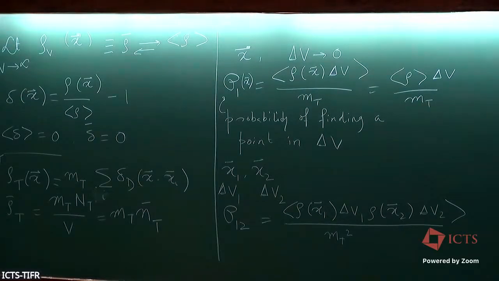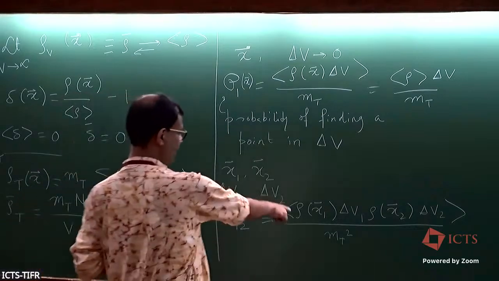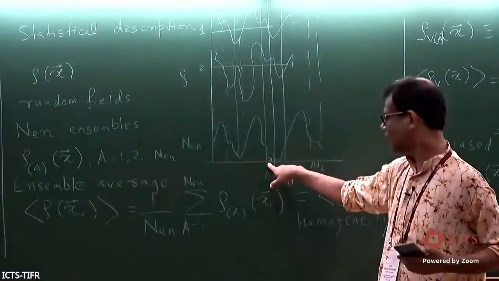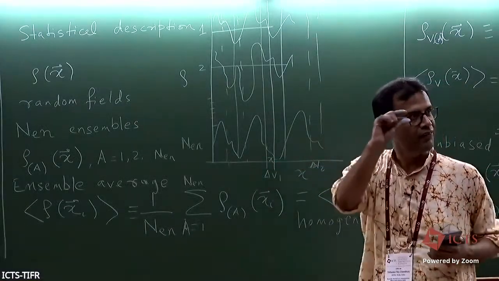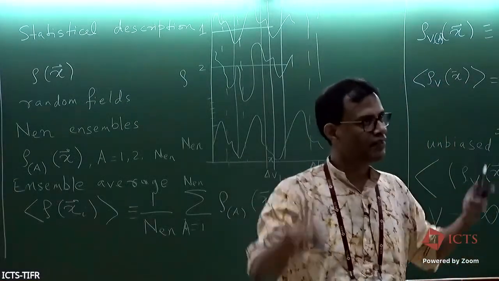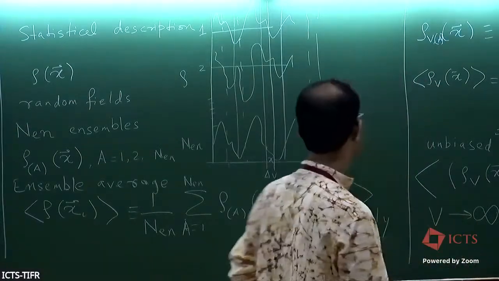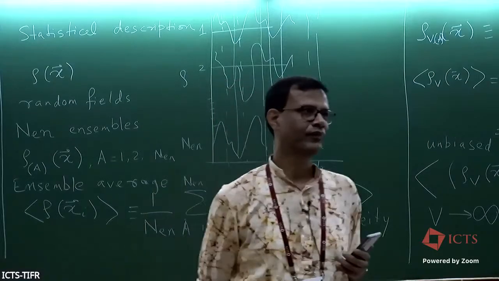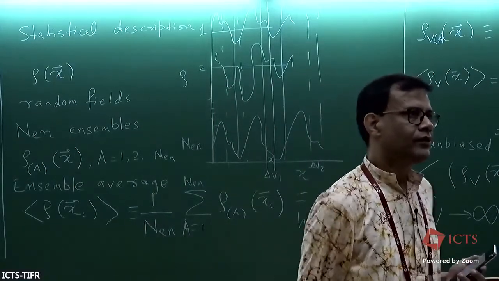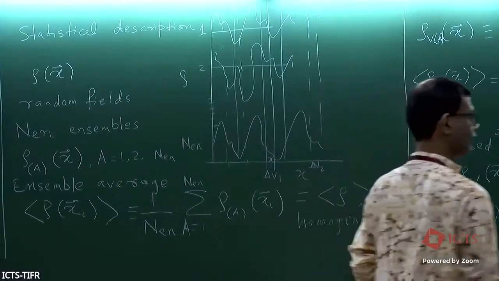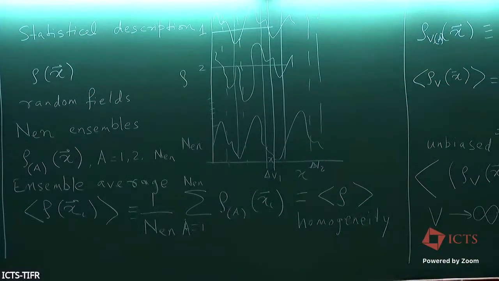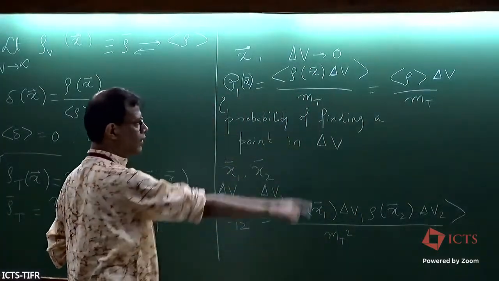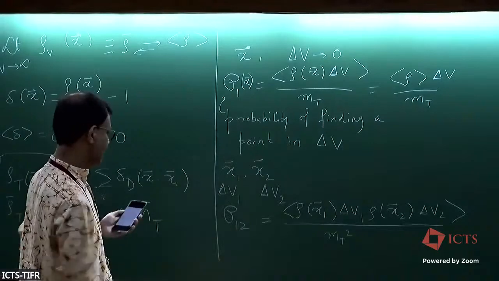No, no, because I am first multiplying the rho here with rho here in a given realization and then averaging. That is not the same as averaging the rho here and then multiplying. So I can then write this rho in terms of this n and so on.